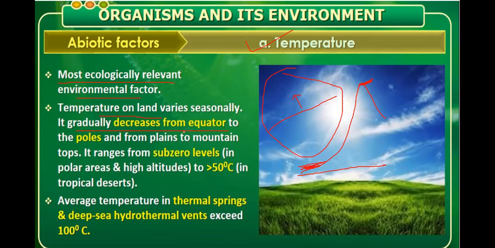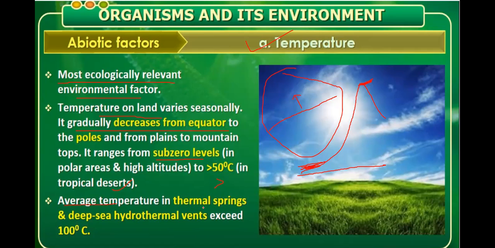So it decreases from the equator to the poles and from plains to mountains. It ranges from sub-zero levels in polar areas and high altitudes to more than 50 degrees Celsius in tropical deserts. So the temperature range is what? Sub-zero to more than 50 degrees Celsius.